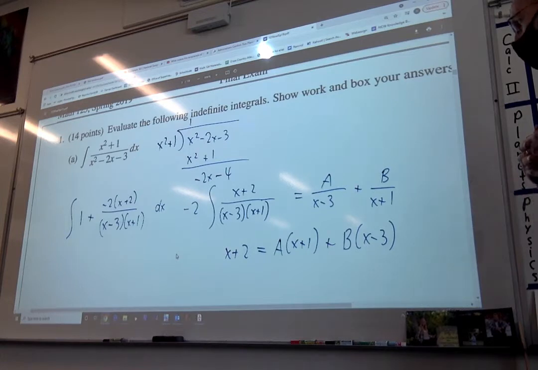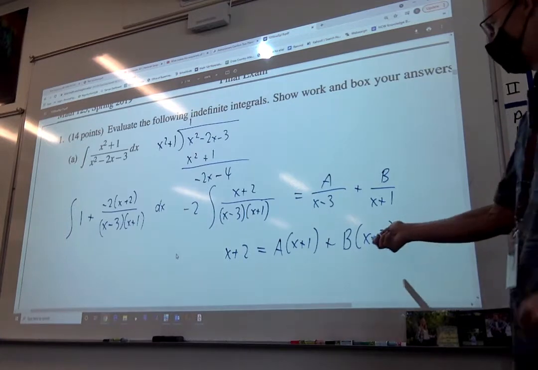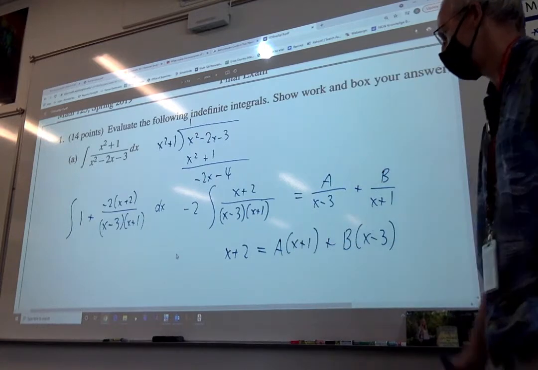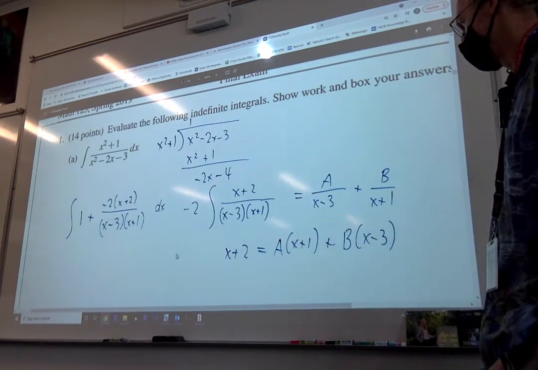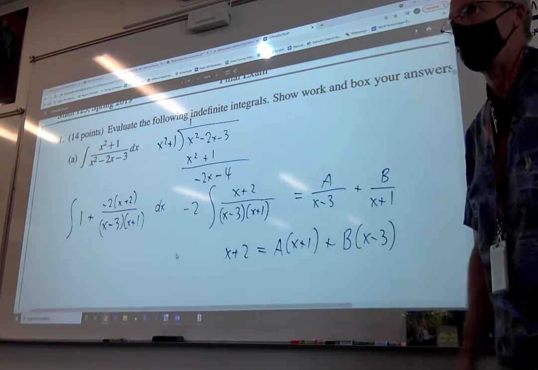The x minus 3 goes away for a; it's always the one that doesn't have it. And then we solve for a and b. There are a couple of ways to do this: we can let x equal negative 1, or there are lots of other ways. Shouldn't be too bad. Figure out a and b, and then we're going to have 2 logs for our answer.